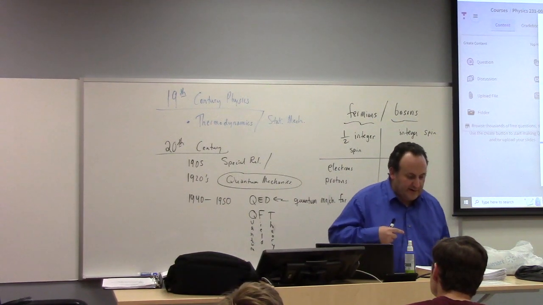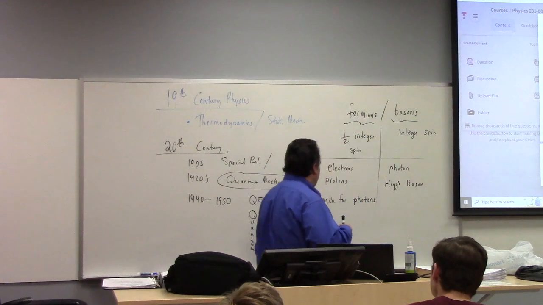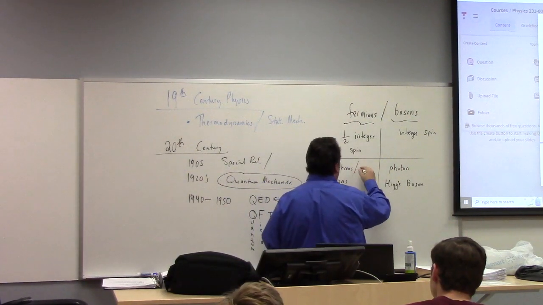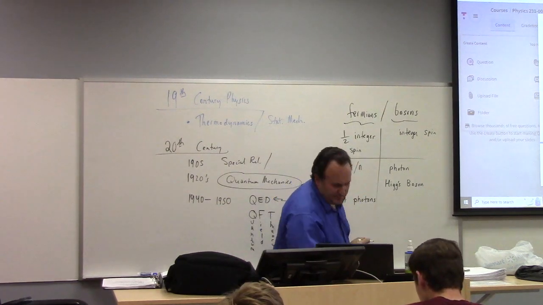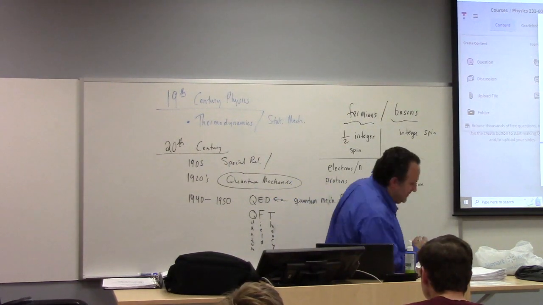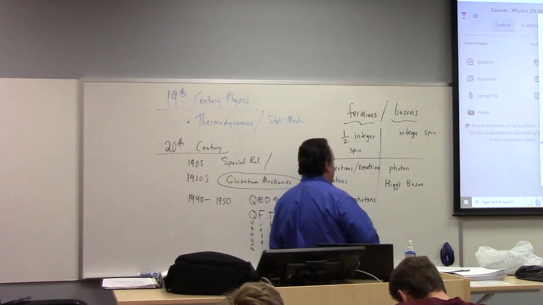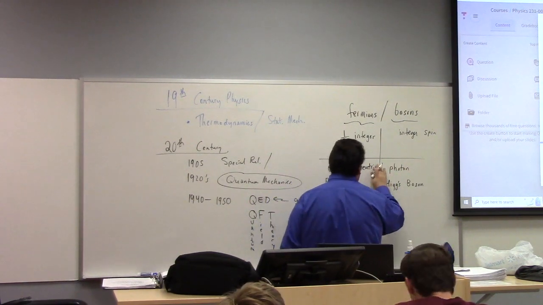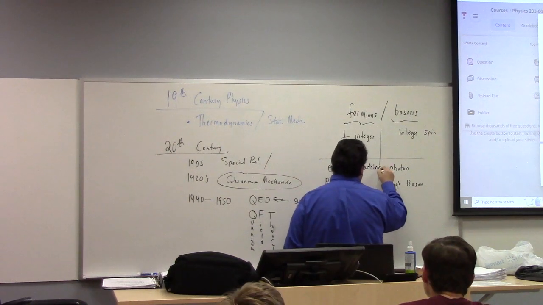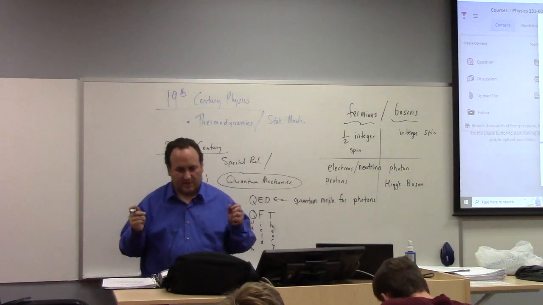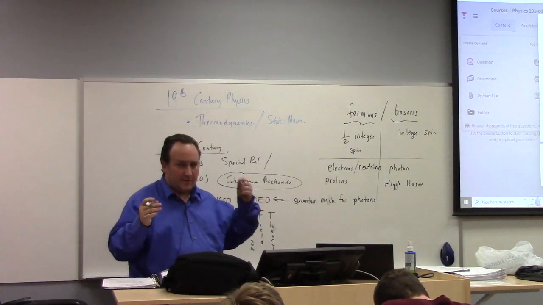1956, the electron neutrino discovered. So there are other weirder things out there. There's something called a neutrino. Do you guys know what a neutrino is? I always misspell it. I got to be careful. So the electron neutrino is this very, very ghostly particle in some sense.